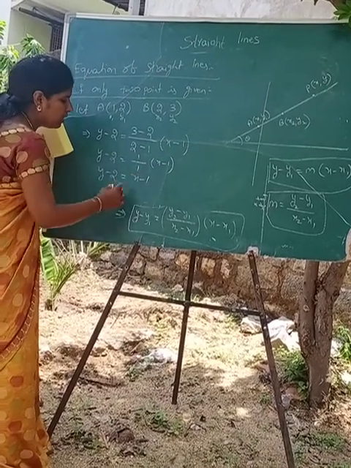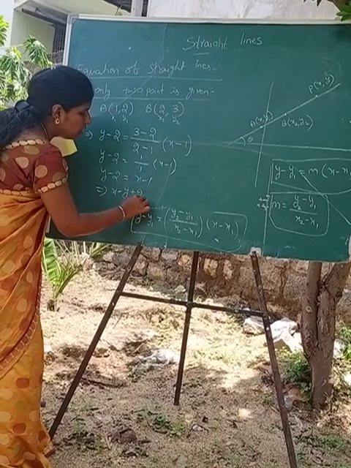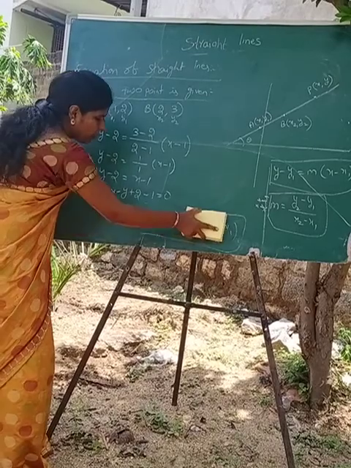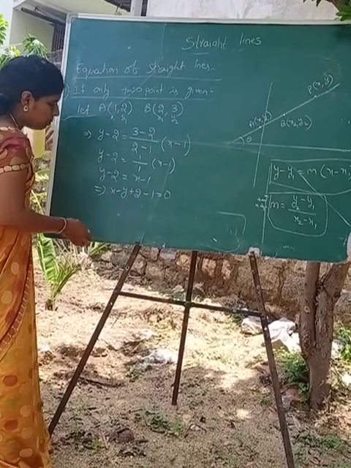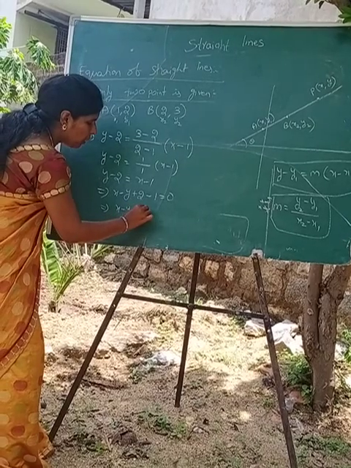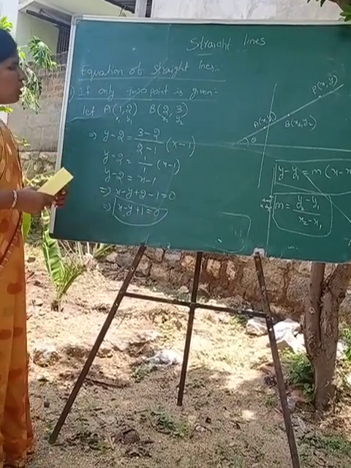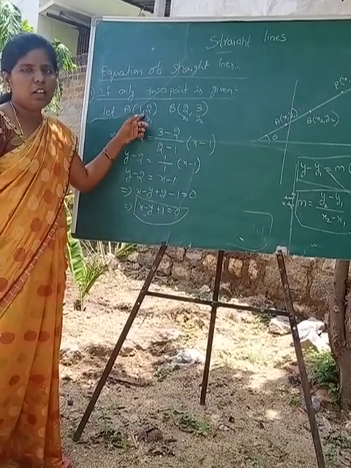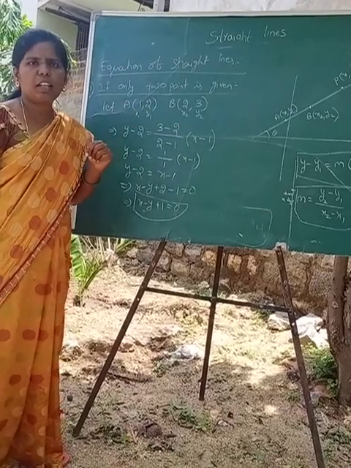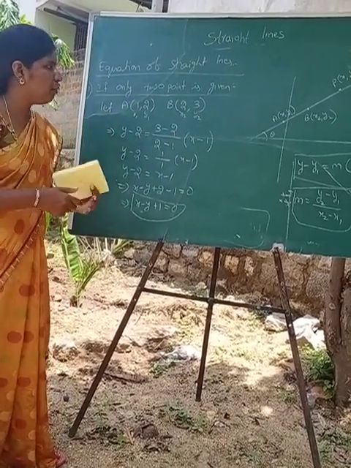Taking all terms to the other side, we get x minus y plus 2 minus 1 equal to 0, and the equation becomes x minus y plus 1 equal to 0. This is the equation of a straight line when 2 points are given. If 1 point and the slope are given, we can find the equation of a straight line, and when 2 points are given, we can find it by using a different formula.